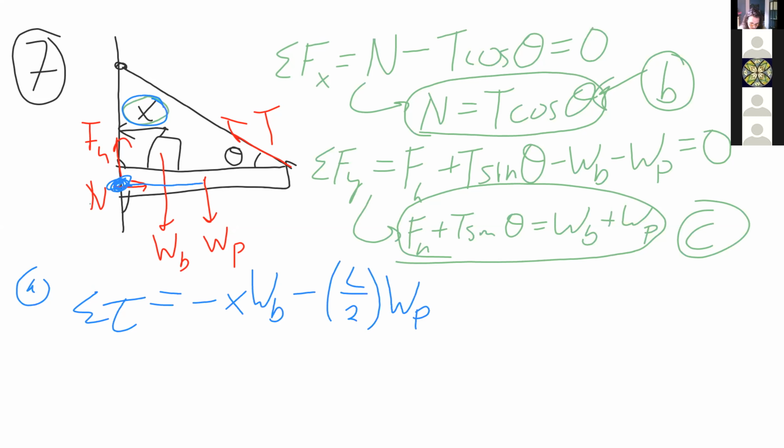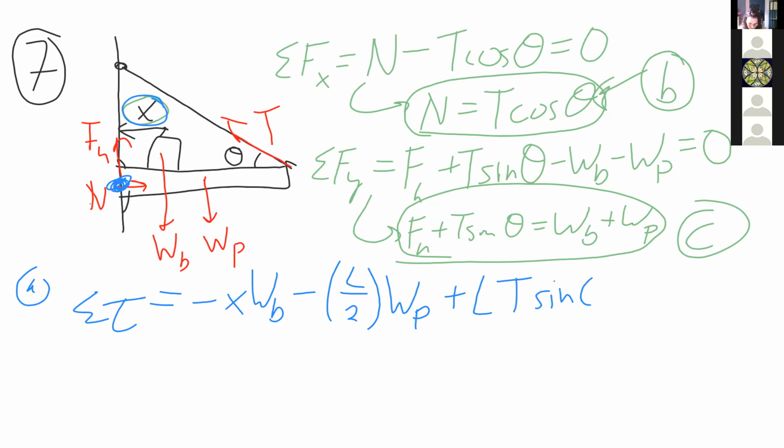And then we keep going all the way out to the end. That's where we encounter the rope with its tension. That's going to be a positive torque. The distance from one end of the plank to the other is the length of the plank. And then we have the force itself, which is the tension T. And then we have sine of phi, where phi is the angle between the force and the radial vector, which happens to be this theta in this problem.